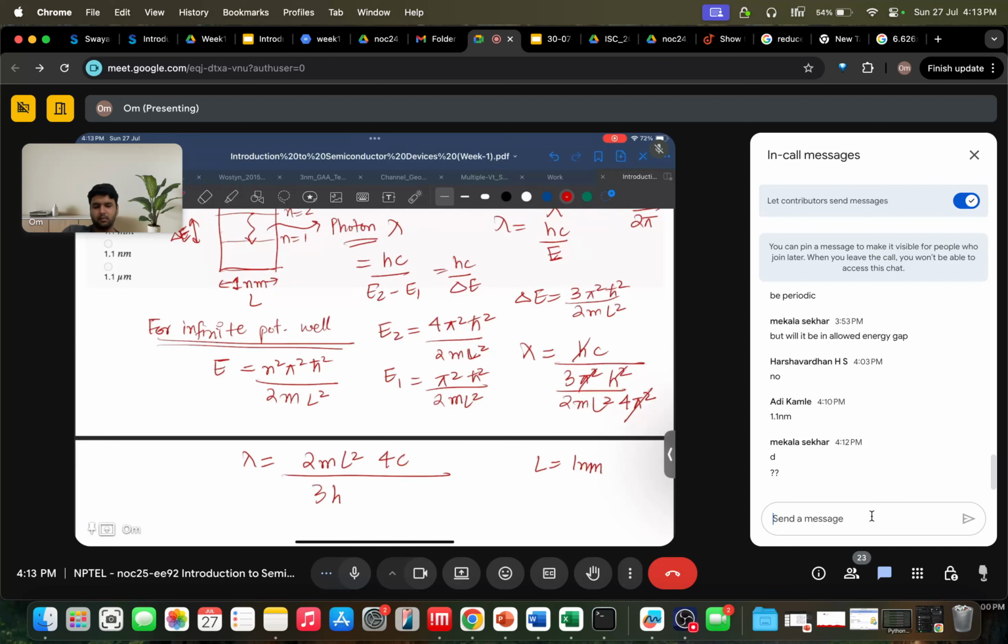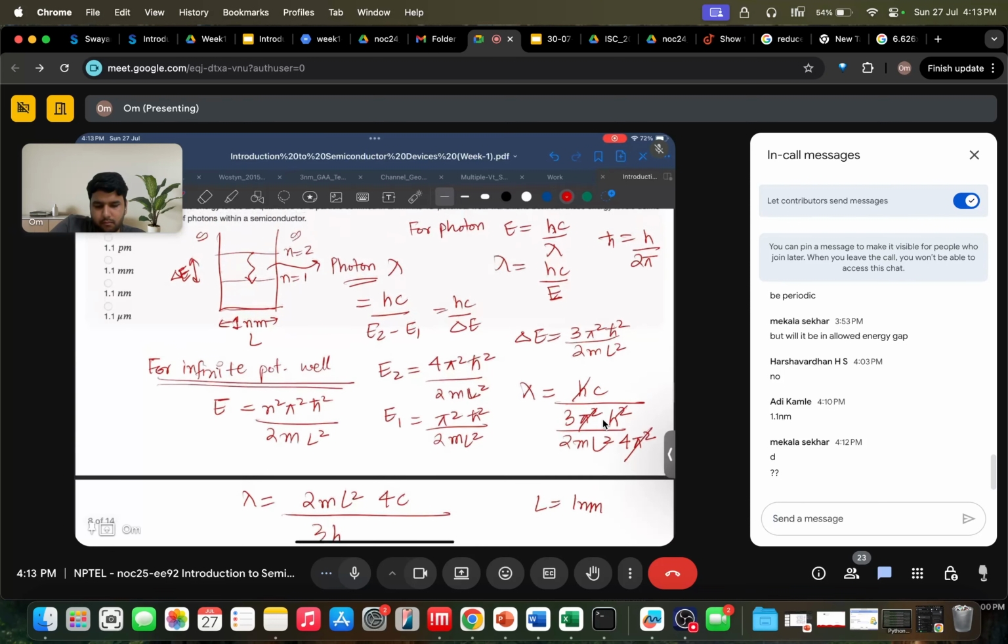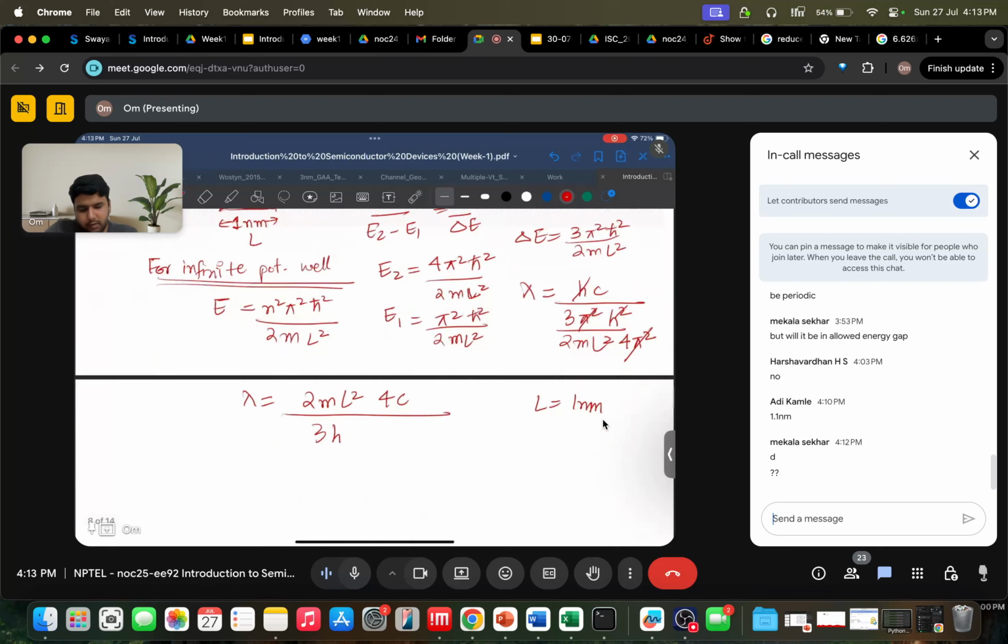Okay, so we substitute everything. It will be 2 into 9.1 into 10 to the power minus 31, into L, which is 1 into 10 to the power minus 9, whole square, upon 4 into 3 into 10 to the power 8, which is c, into 3 into 6.626 into 10 to the power minus 34.